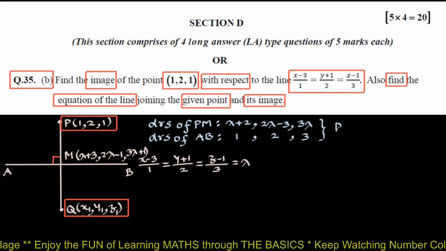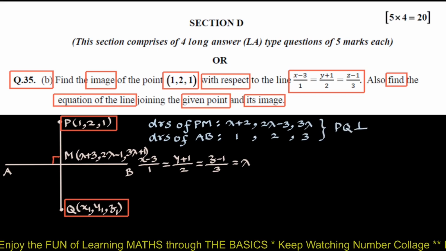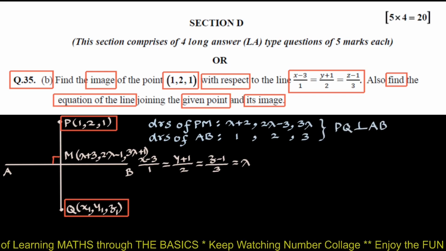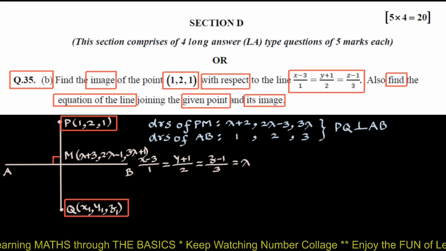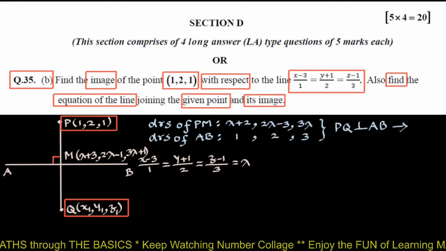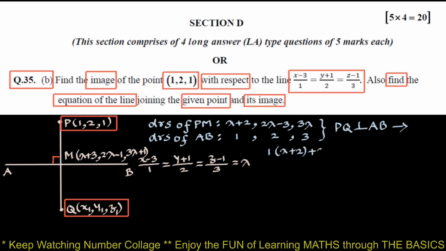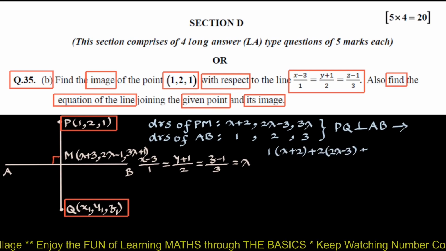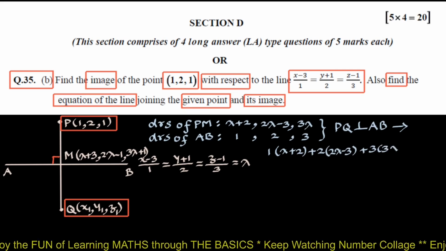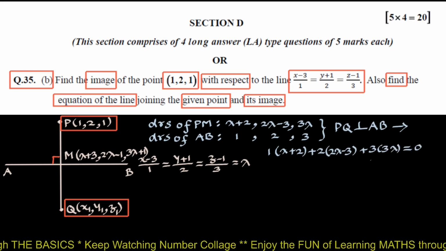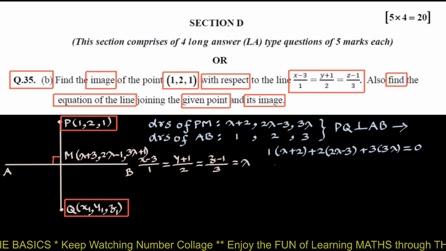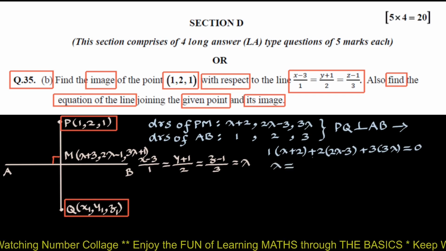Now since PQ is perpendicular to AB, the product of DRs of PM and AB will be 0. So therefore we write 1 into lambda plus 2 plus 2 into 2 lambda minus 3 plus 3 into 3 lambda equals 0. After solving this equation for lambda, we get lambda equals 2 upon 7.